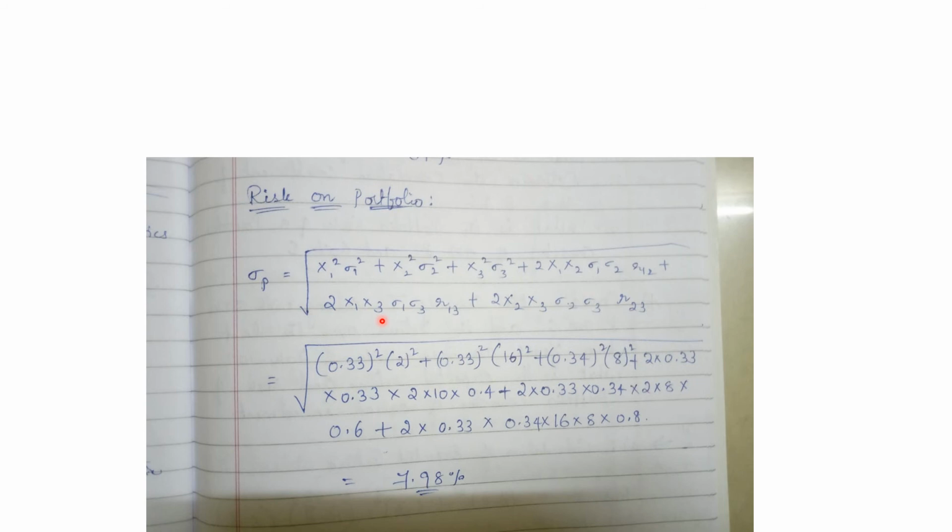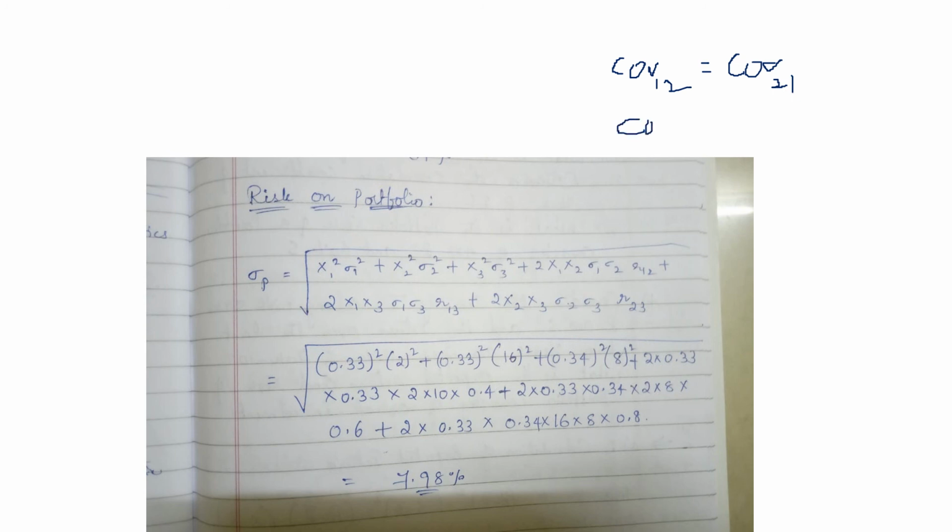In the previous class I told you that covariance, so if you see that slide, then you will get that covariance 1 2 is equal to covariance 2 1.